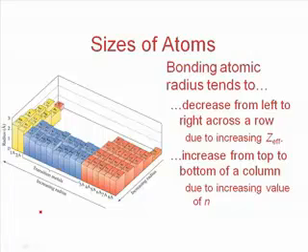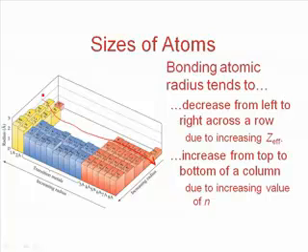As we go across a row, what's happening? Let's look at the second row. Every time I go to the right, we're adding another electron. But remember, these are all going into the second energy level.